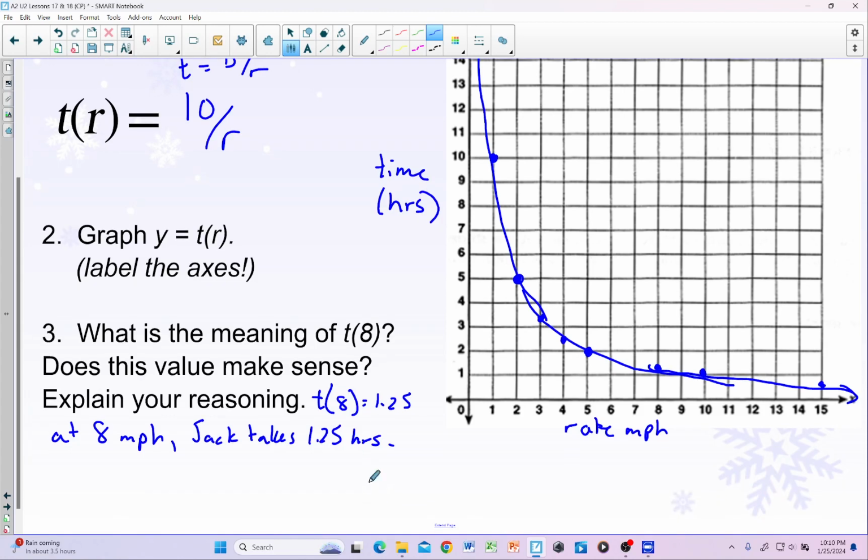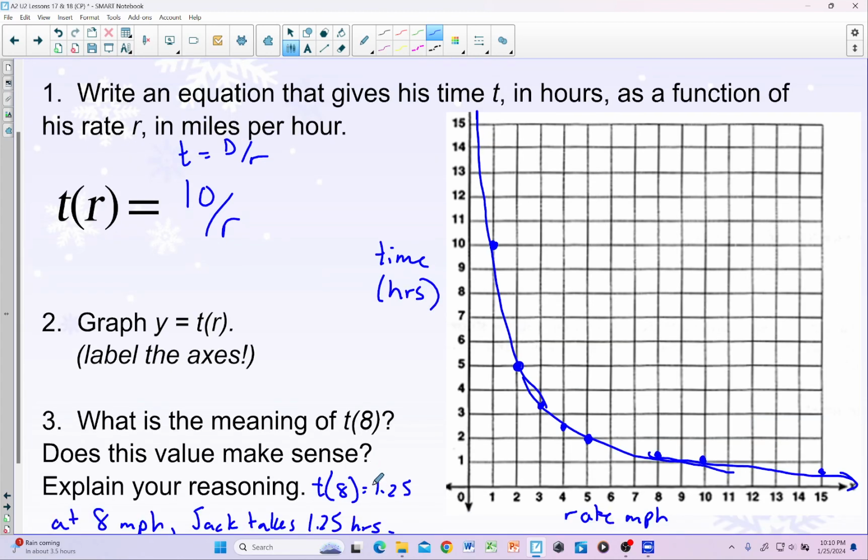But now we have some interesting questions I could ask from this. Notice the way I did this, and notice I started my graph at 1. Why couldn't I start at 0? What is T of 0?